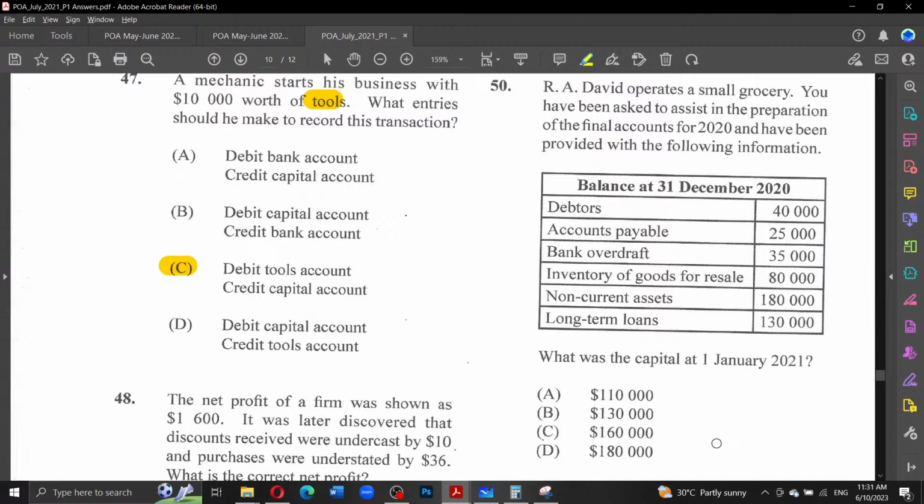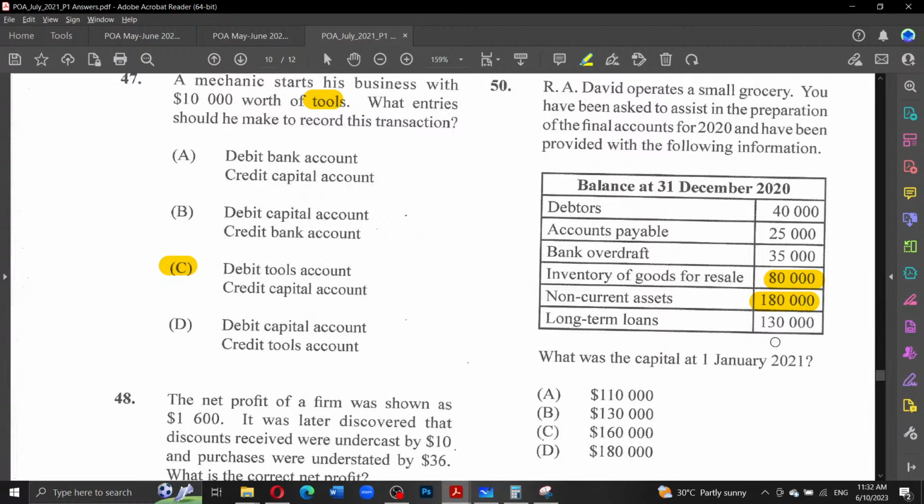More than likely this information would include assets and liabilities, and you have to subtract the liabilities from the assets to find the capital. Okay, I will highlight the assets. Debtors, a liability. Payables, liabilities. Overdraft, liability. Inventory, this here is an asset. Long-term loans is a liability.